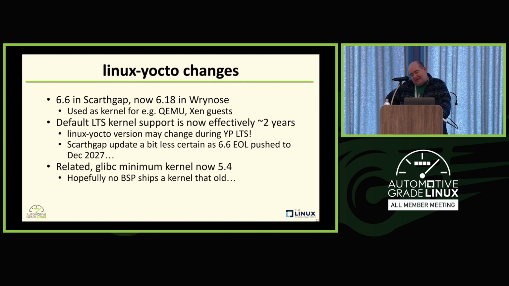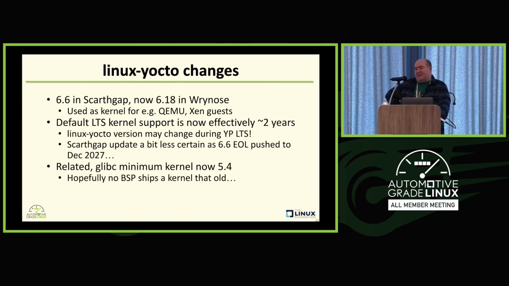But now, because the 6.6 kernel end of life got pushed to December 2027, it's not clear whether they'll bump linux-yocto in Scarthgap. You'll notice that December 2027 is still before April 2028. But I'm not sure if they'll bump the kernel to cover those 4 months or not. So we'll see. It's still up in the air how that's going to go.